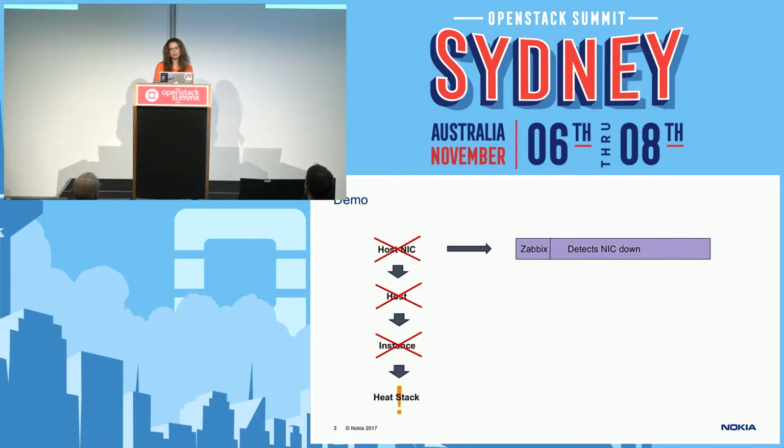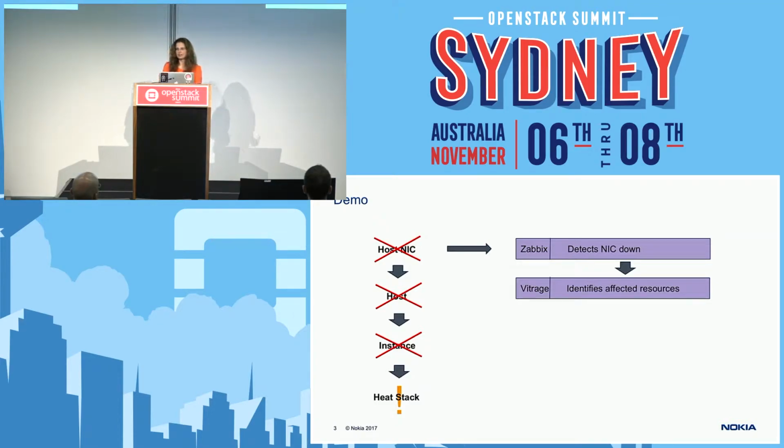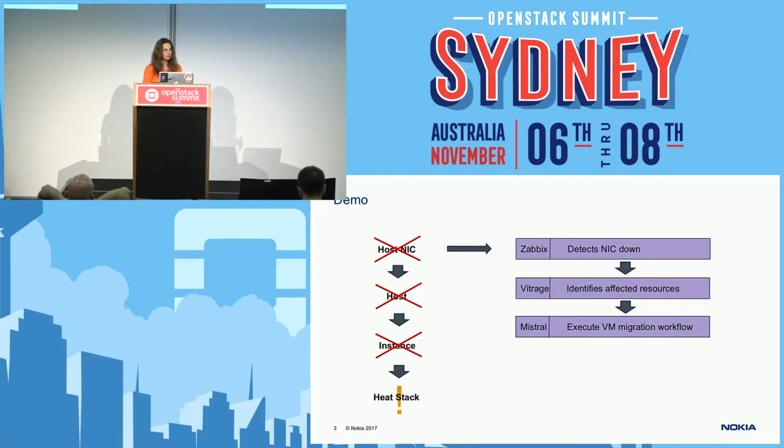In the first step, we will see Zabbix. Zabbix is a very common monitoring tool that is used by Vitrage, and Zabbix detects that the NIC is down and notifies Vitrage. Vitrage identifies that if the NIC is down, it means that the host is down, the instance is down, the Heat stack is affected. In this case, Vitrage asks Mistral to execute a workflow with corrective actions, and Mistral is asked to migrate the VM.